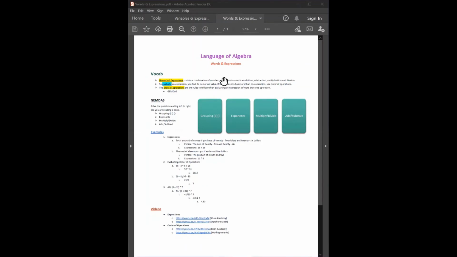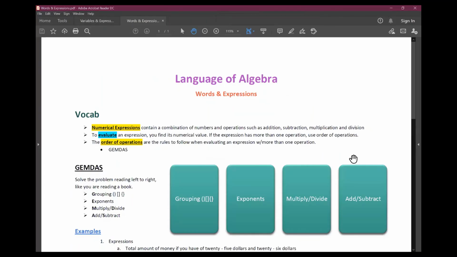On Monday, we learned about numeric expressions.